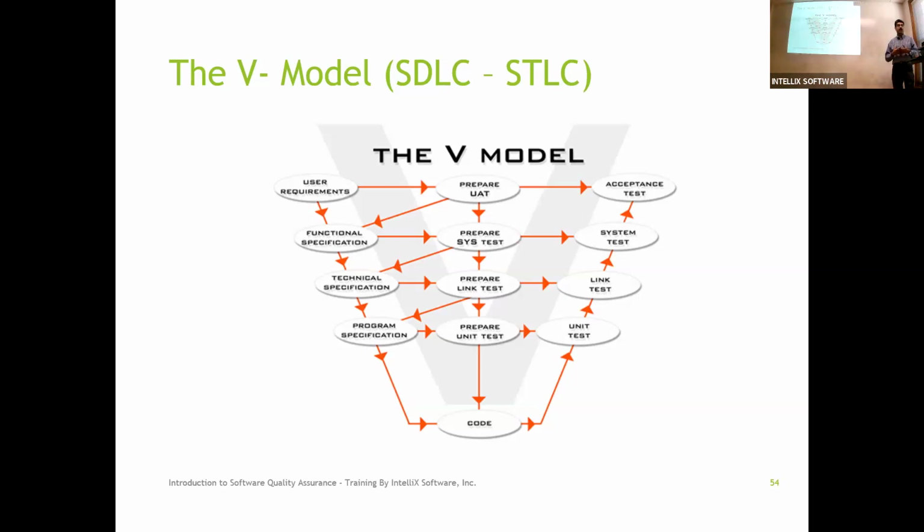As you get a requirement, you start thinking about what will be the acceptance criteria and what I would test. But at this point, you don't have any other information other than the requirements, right? So you treat everything as a black box and plan how I'm going to do the user acceptance testing. Okay, so in here, you have a requirement, you build the UAT test case.